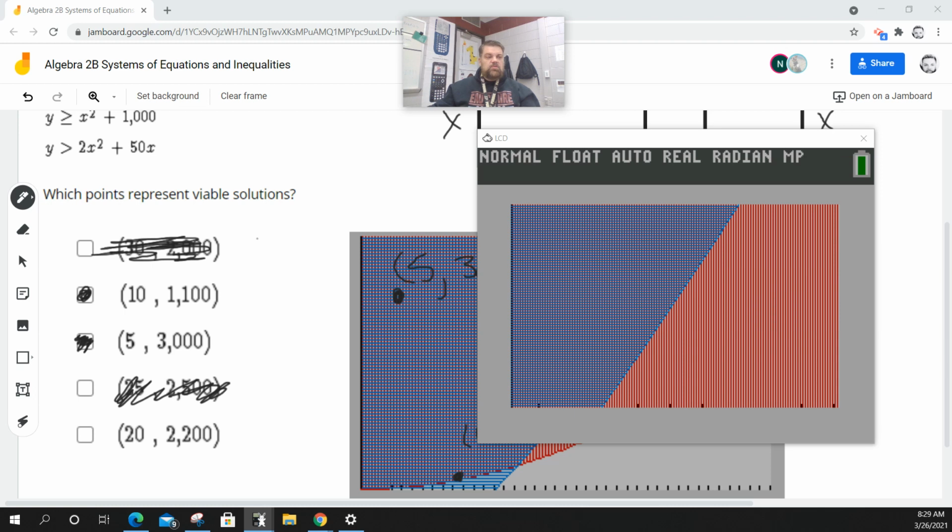The last one that we have to do, this is like 5 problems in one, is 20, 2200. So I'm going to move around till I get to 20. Oh shoot, I've got to zoom out now.